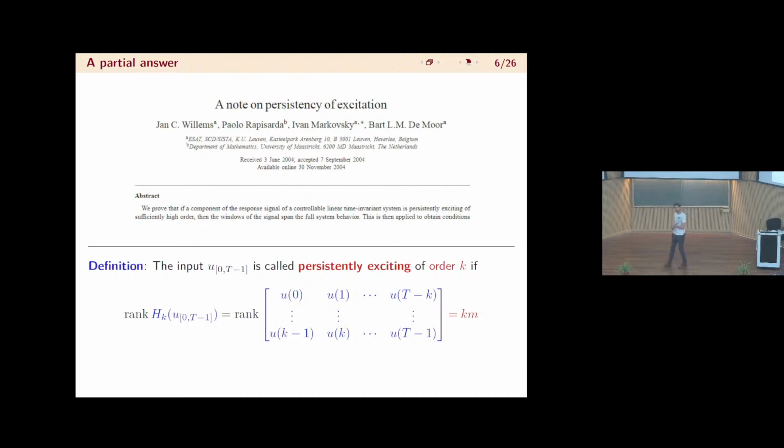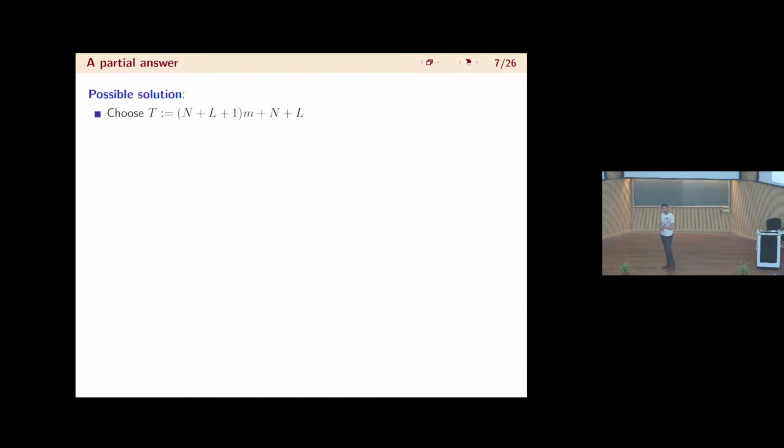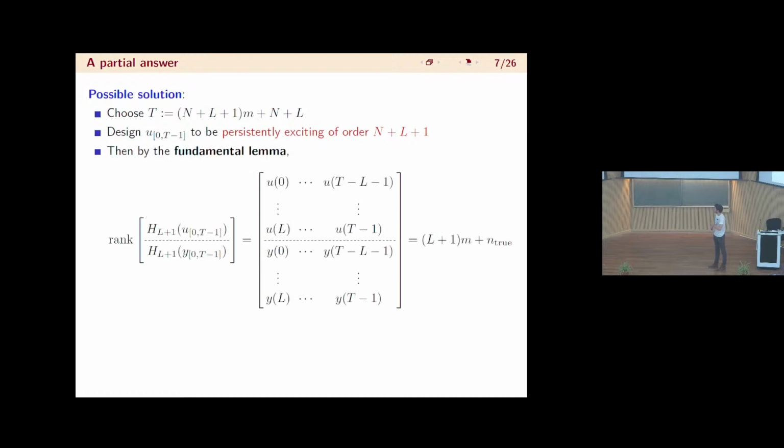One of the possibilities to generate this experiment is in the following way. I choose my T to be this number here on the slide. So this is the time horizon of the experiment. I design my input U to be persistently exciting of sufficient order, namely N plus L plus 1. I apply that input to my system.